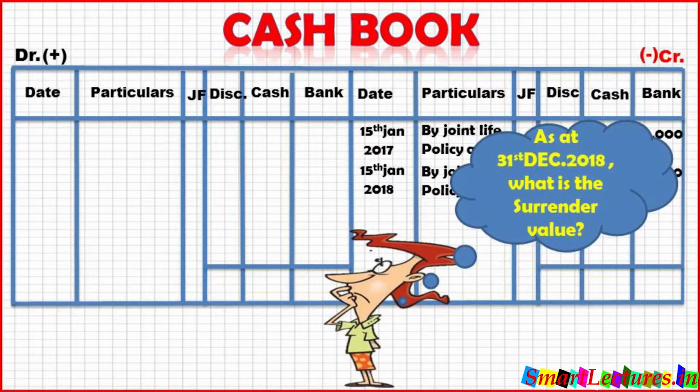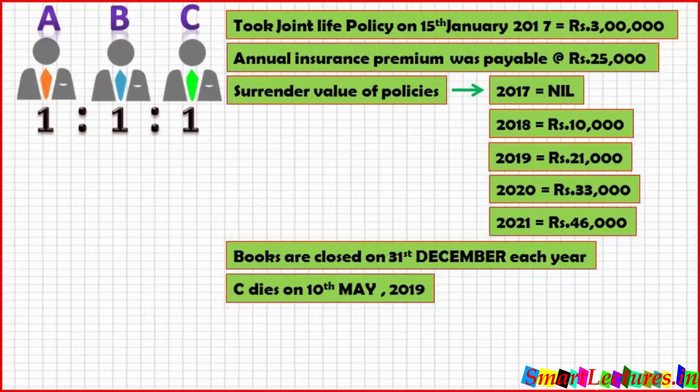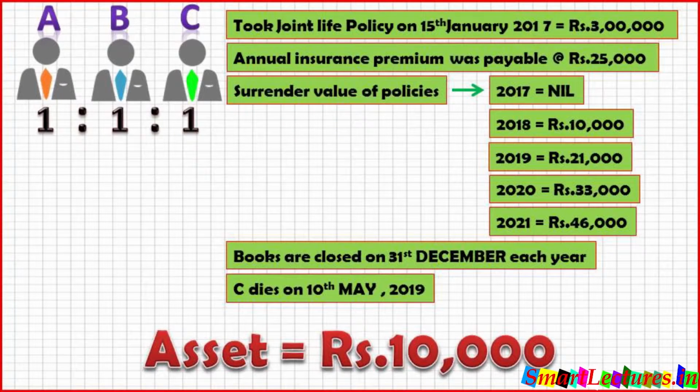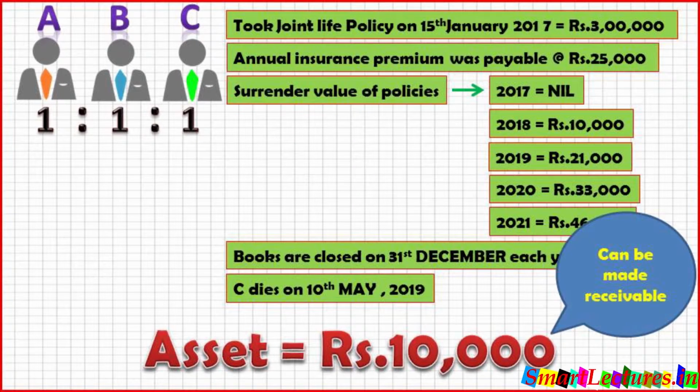And as on 31st December 2018, what is the surrender value? If you look at the table, the surrender value is rupees 10,000. It means if we wish, we can get 10,000 rupees from the insurance company. It means as on today, our asset is 10,000 rupees because this money can be made receivable today itself.